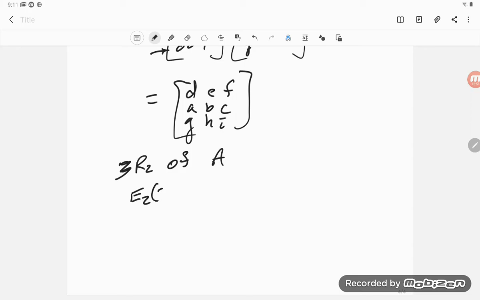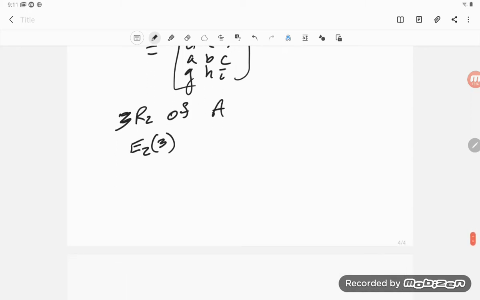So E2 of 3. And that matrix, again, we just deal with row 2 and change the 1 to a 3. So I've got 1, 0, 0, 0, 3, 0, 0, 0, 1.